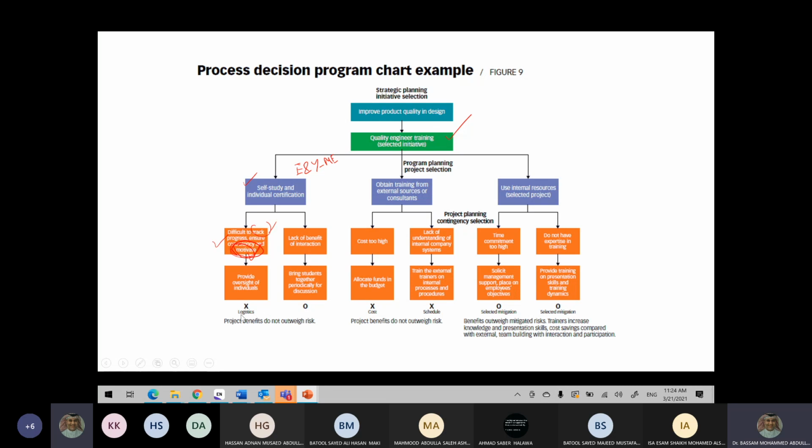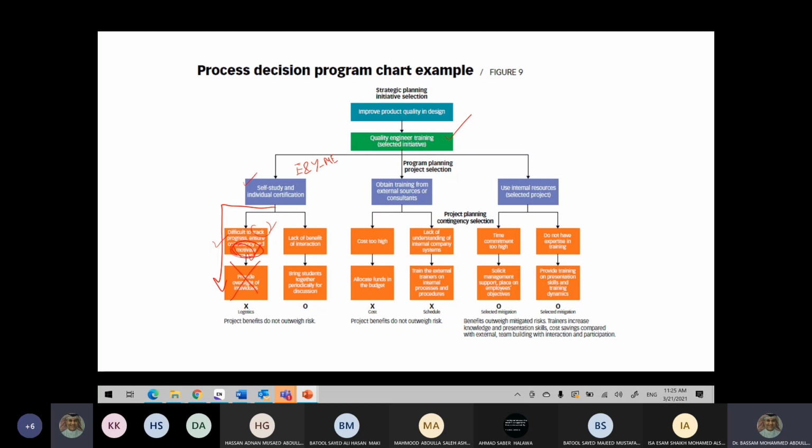I need to build a big system of follow-up, calling, asking them on a weekly basis. I don't know what I'm going to do. So there are a lot of logistics. Because there are a lot of logistics, this solution is not practical. So I'm not going to go in this direction. This direction is an X for me.